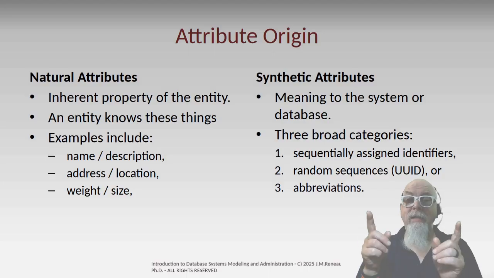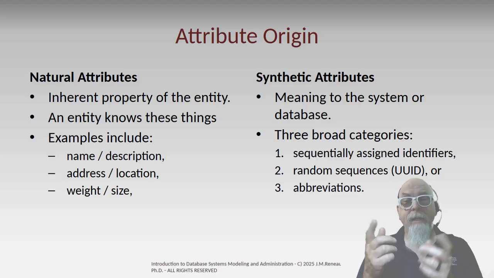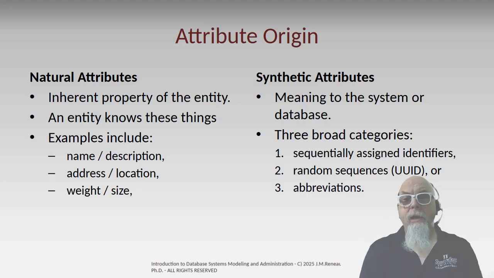A UUID you might have seen is a great big long string of letters and numbers with dashes that you'll sometimes see on a website or in a URL. And abbreviations are also synthetic attributes. The entity might not know that abbreviation about itself.